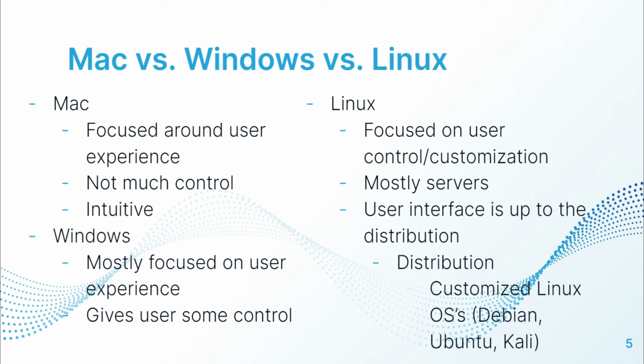However, Linux is solely focused on user control. It makes up most servers, and the user interface is highly customizable. This is through different distributions where people can modify the code and customize the Linux operating system to fit their needs. Some examples are Debian, Ubuntu, and Kali Linux.